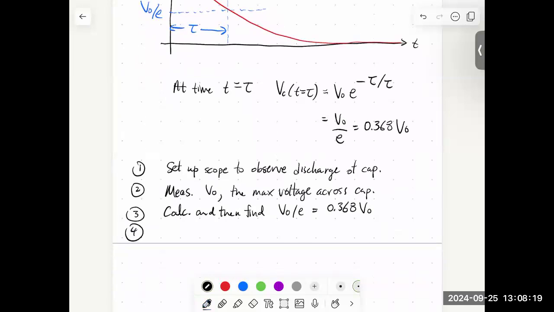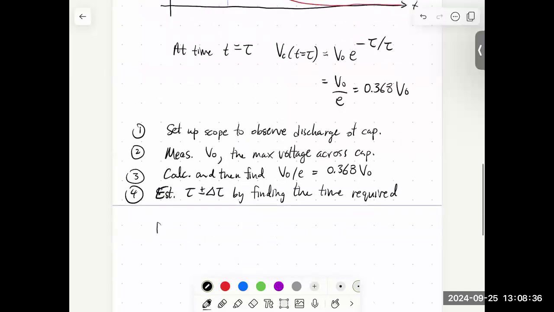So we're going to estimate tau plus or minus delta tau by finding the time required for your capacitor to discharge from V naught to V naught over E.